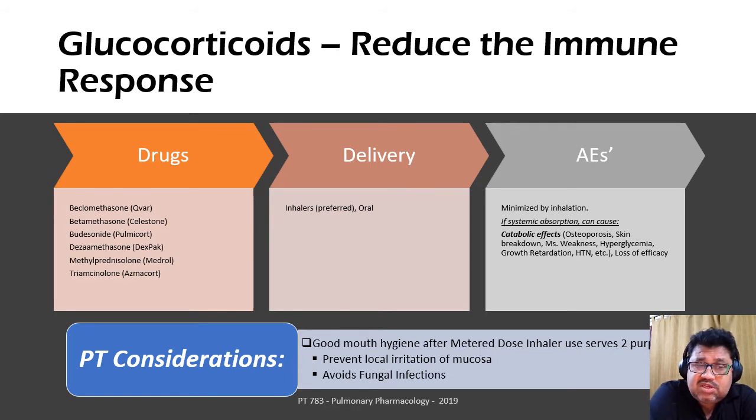The drugs of the glucocorticoid variety are beclomethasone, betamethasone, budesonide, methylprednisolone, among others. These drugs are delivered by inhalers or by the oral route. It is important to understand that these drugs will not relieve bronchoconstriction but rather prevent the immune mechanisms that subserve the initiation of bronchoconstriction.